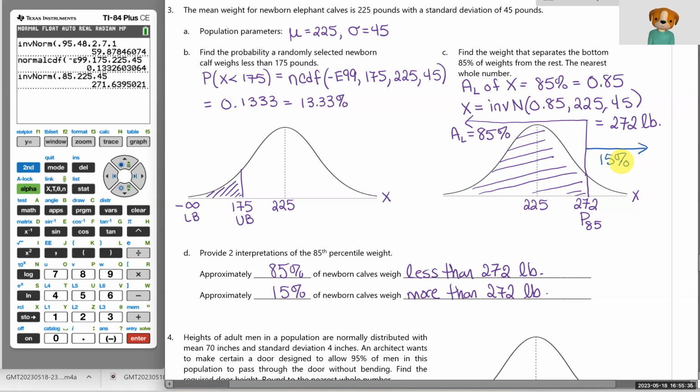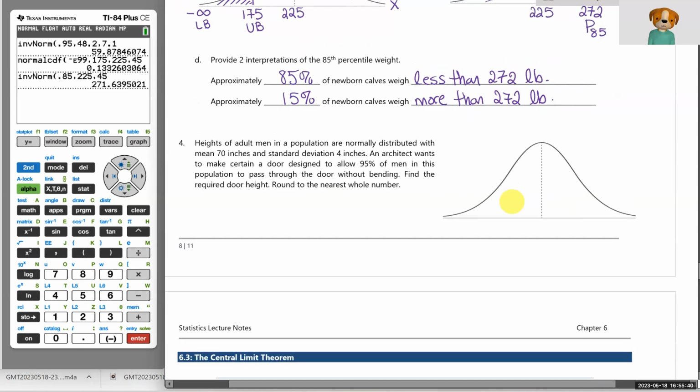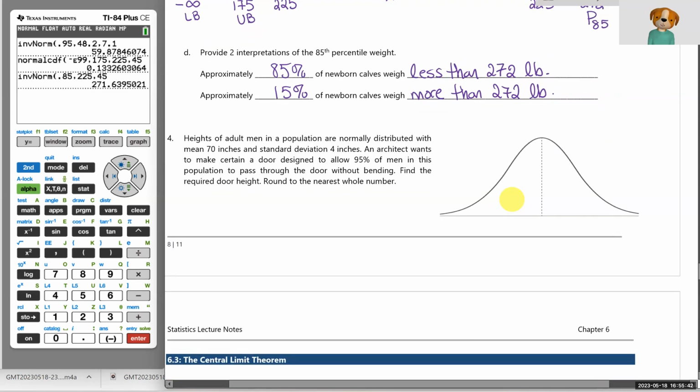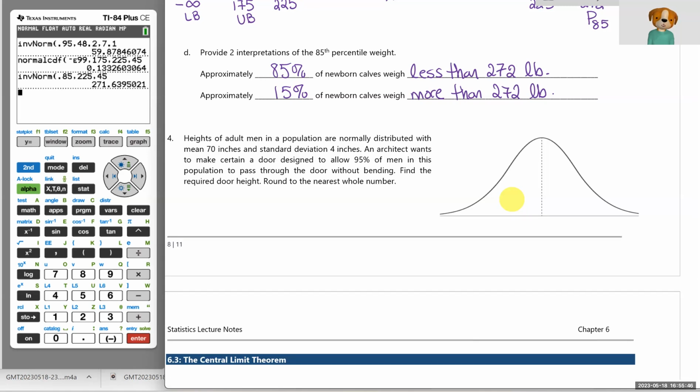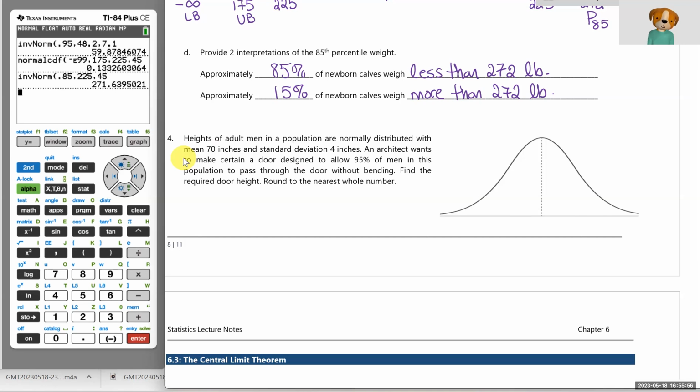Okay, one more, number 4. Heights of adult men in a population are normally distributed with mean 70 inches and standard deviation 4 inches. An architect wants to make a certain door designed to allow 95% of men in this population to pass through the door without needing to bend. Find the required door height.